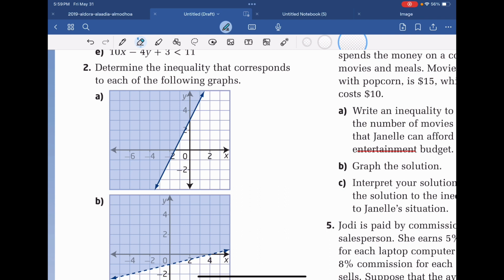So basically they are asking us to find the equation for each graph, like the dashed part of each graph. So let's do that.